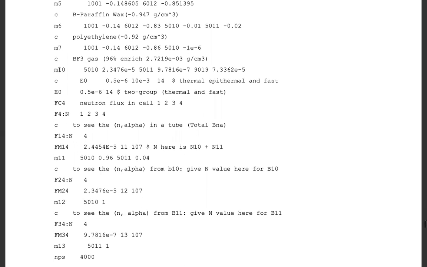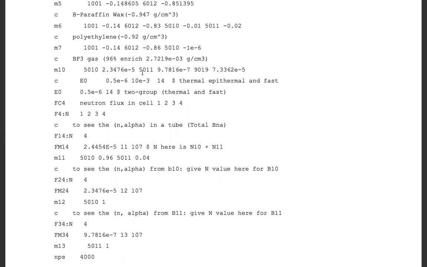We've got BF3 gas. Now, BF3 gas in this simulation is 96% enriched in boron-10, because boron-11 doesn't have a good cross section for the (n,alpha) reaction. The BF3 detectors work on the boron (n,alpha) reaction, so it's a neutron capture in the boron trifluoride gas.